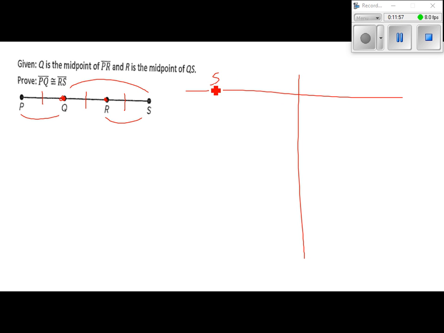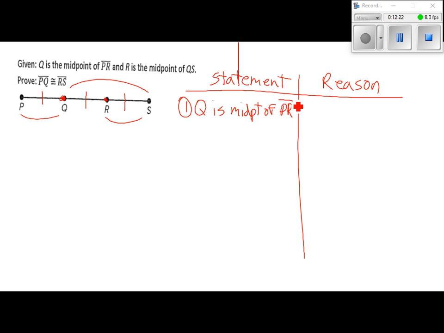First column again, statements and reasons. What's our first statement gonna be? Q is the midpoint of segment PR.